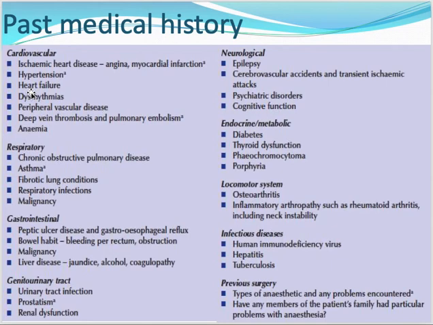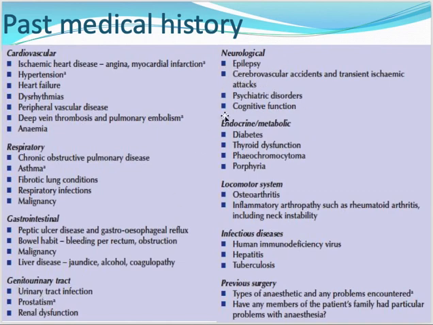See, all these things can impact the surgery, number one, or impact the surgical outcome. So it's better to inquire about all of them: do you have angina, myocardial infarction, hypertension or a heart failure history? You can see COPD, asthma, ILDs, malignancies and peptic ulcer, bowel habits, liver disease, malignancy, UTIs, epilepsy, for example.